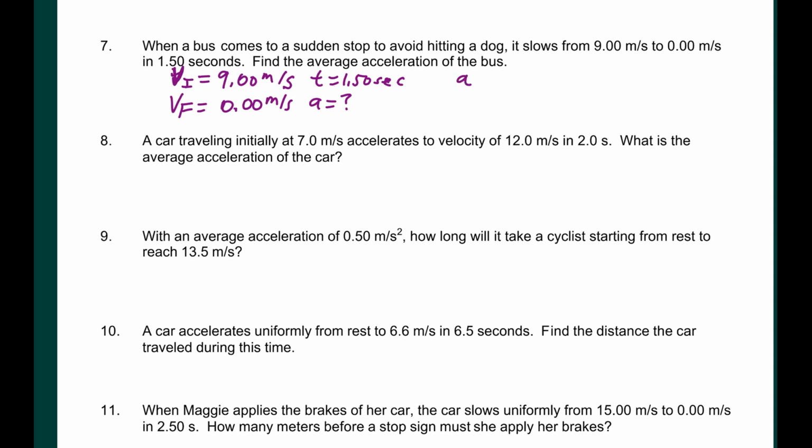So acceleration is Vf minus Vi divided by t, the time. So it's 0 minus 9 divided by 1.5. So that means negative 9 divided by 1.5.